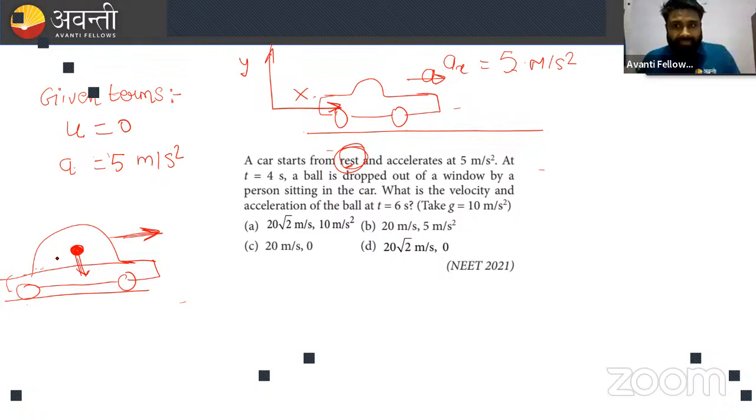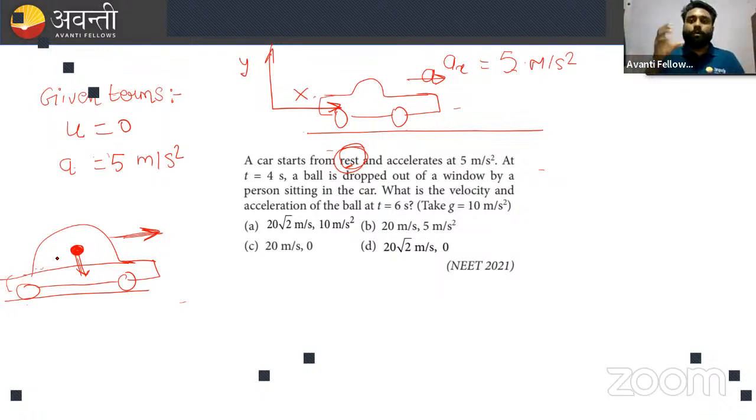So at the time of dropping, ball is within the car. So here the system is car and ball itself. So whatever the velocity of the car would directly transfer to the ball, and the car is moving in the x direction.